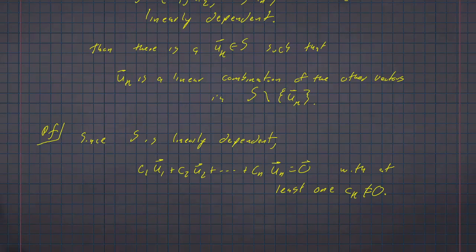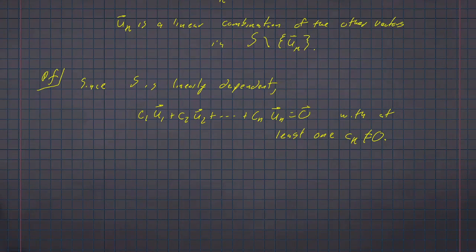I don't know that they are all non-zero, but at least one of them is non-zero. And I'm specifically calling out the one that's non-zero as Ck because I want to rewrite this emphasizing the Ck uk term.